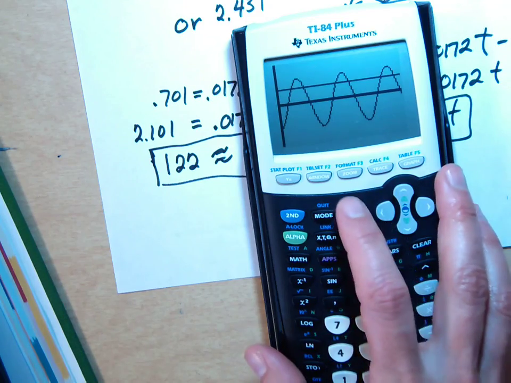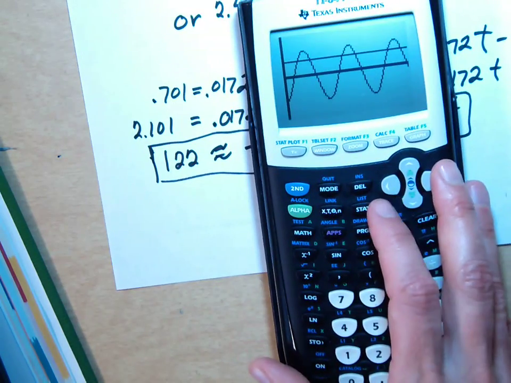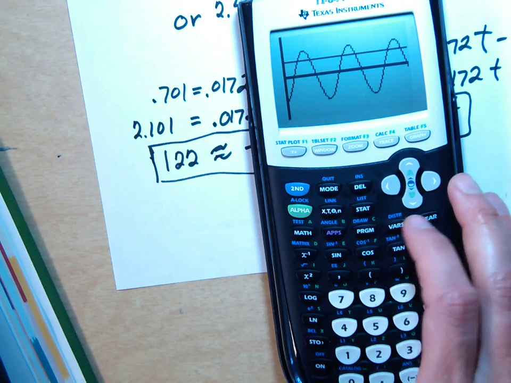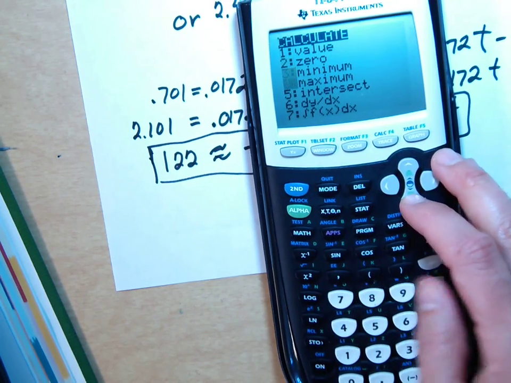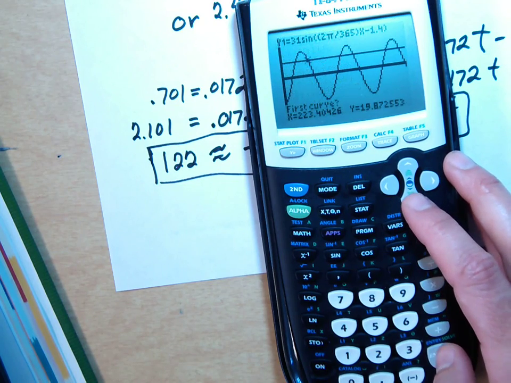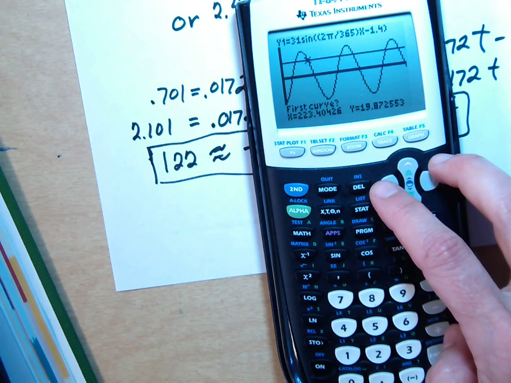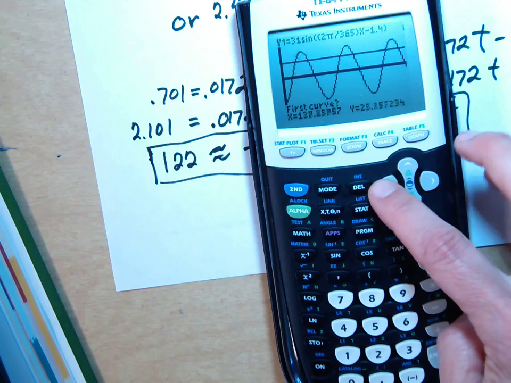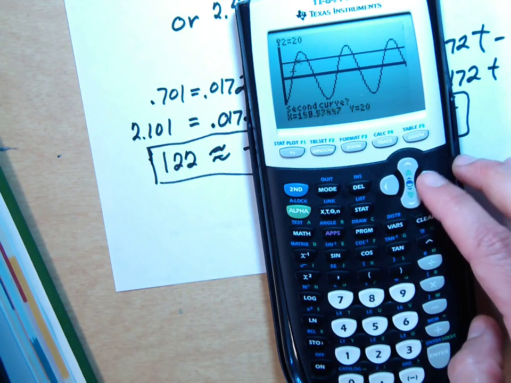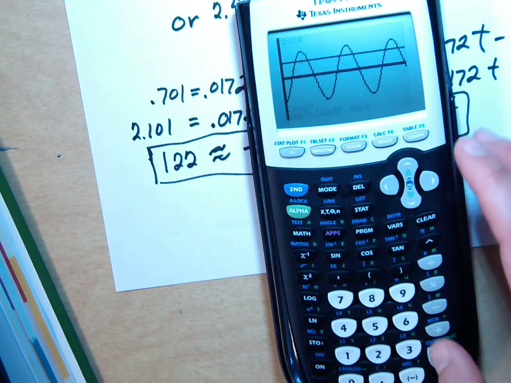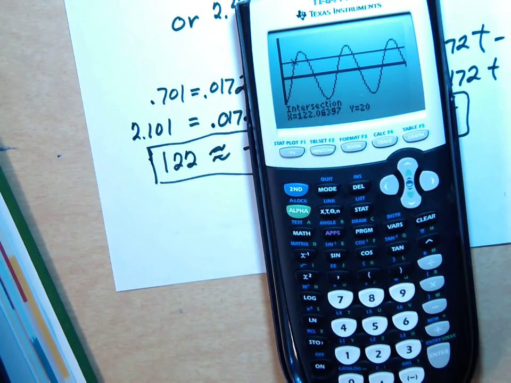So then on your calculator, to figure out where things intersect, you can go to calculate, second calc, and intersect. I want to find where they intersect. And then you tell it where the curves are. So the first curve is, say, that one, and the second curve is that horizontal line. You hit enter one more time, and look what it does. There's the intersection.